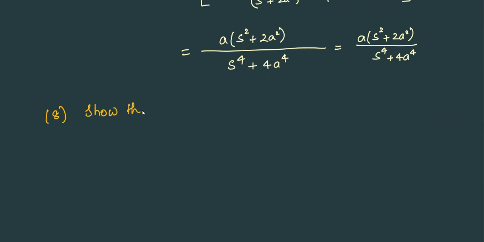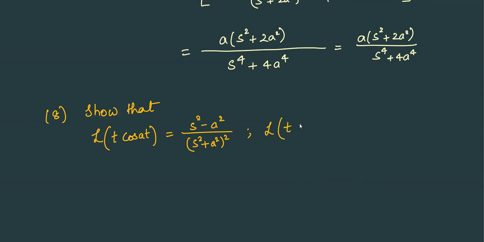Show that the Laplace transform of t cos at is s square minus a square by s square plus a square whole square, and the Laplace transform of t sine at is 2as upon s square plus a square whole square.